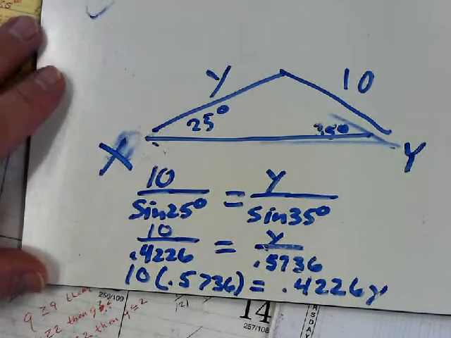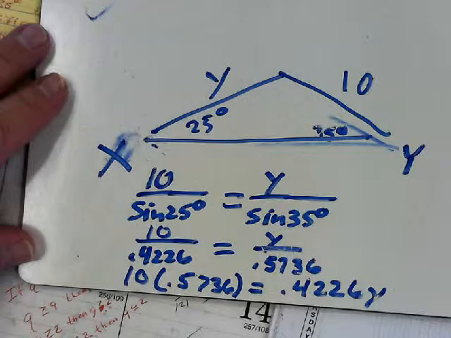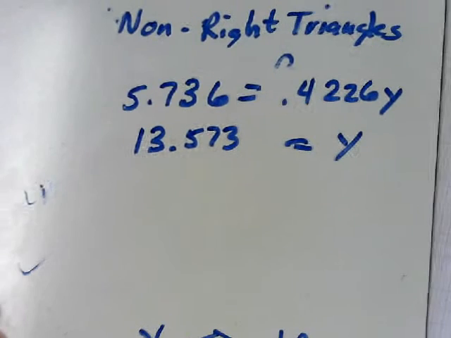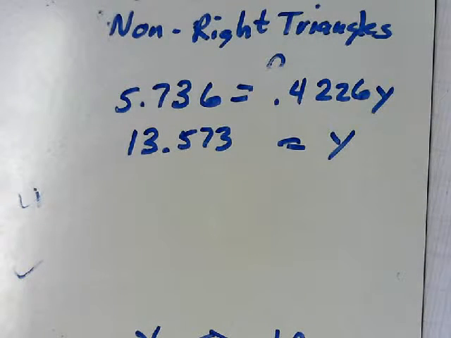Does the cross multiplication make sense? And then I can go back up. We okay? All right.